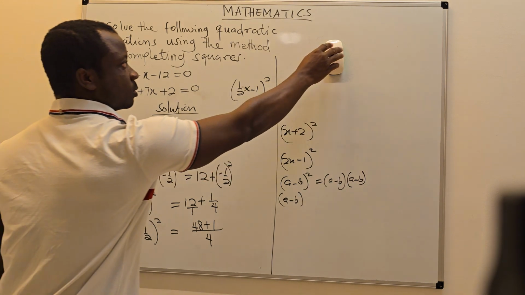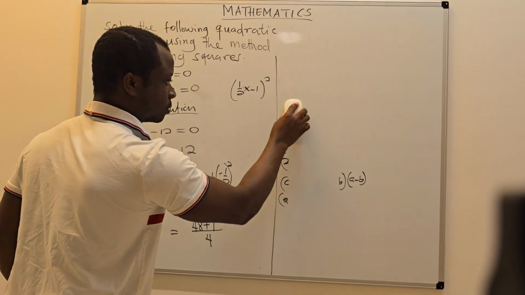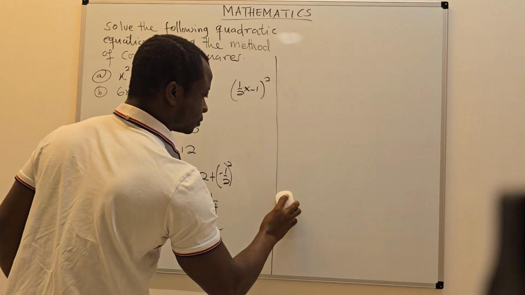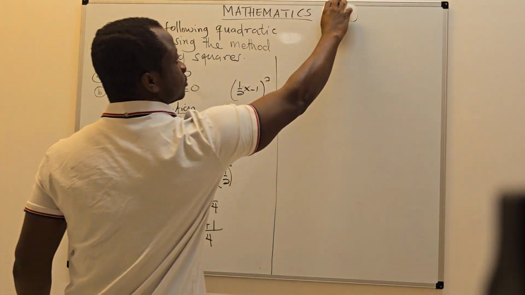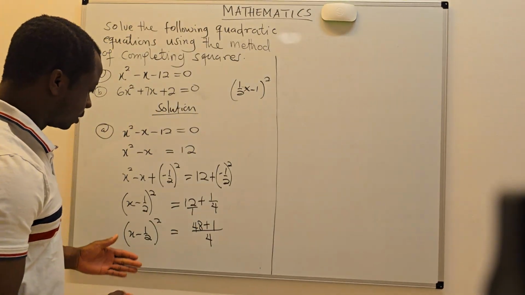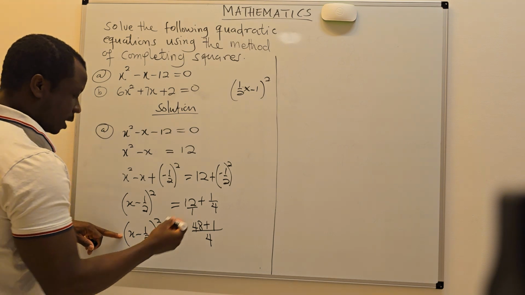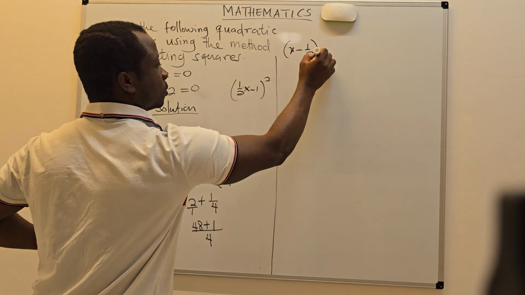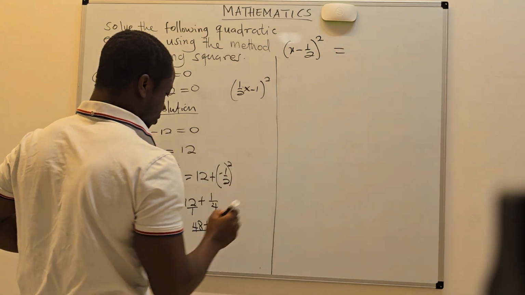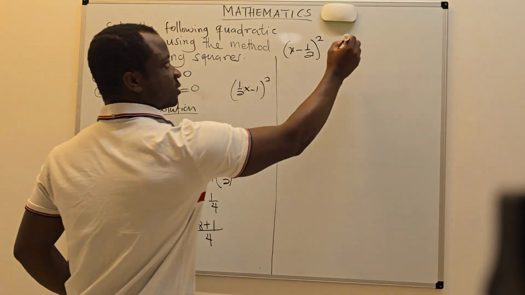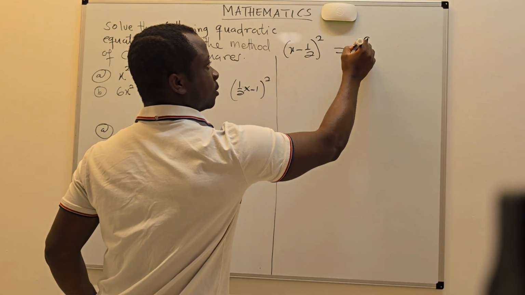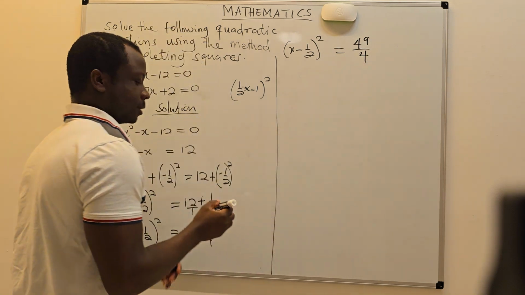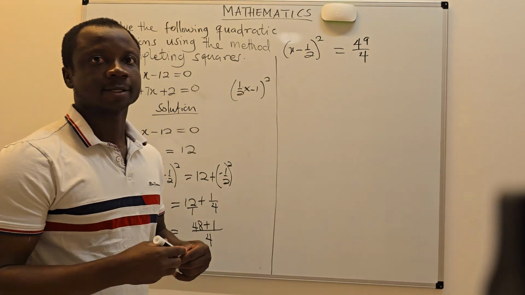So let me delete this one. So we are going to continue as x minus 1 over 2 all squared equal to 48 plus 1 is going to give us 49 over 4. We are going to find x.